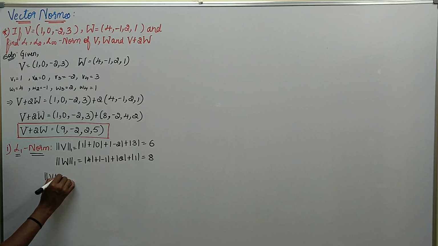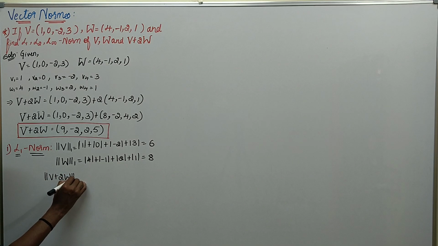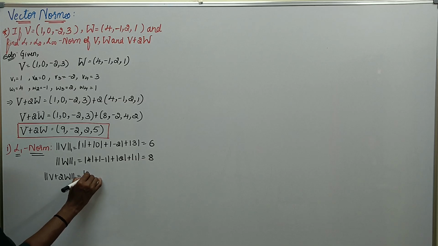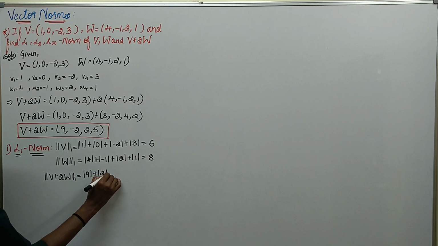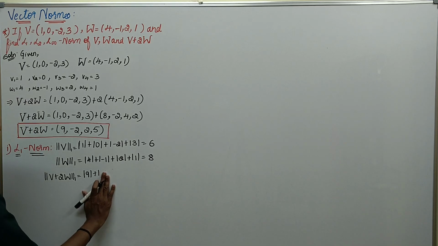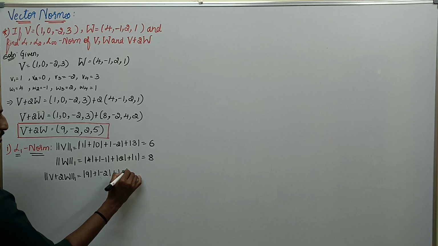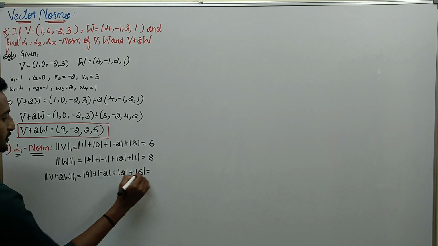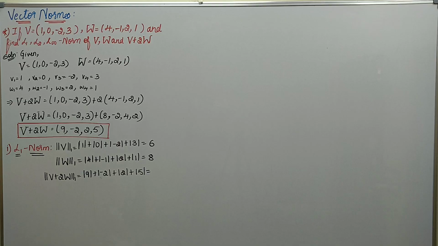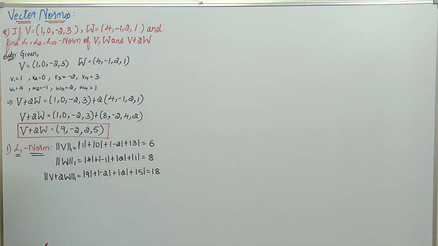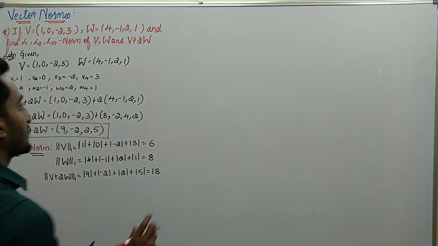Norm V plus 2W 1, which is equal to modulus 9, modulus 2, modulus minus 2, plus modulus 2, modulus 5. Use the calculator, there will be no mistakes. 9 plus 2 plus 2 plus 5, which will be equal to 18. This completes the L1 norm.